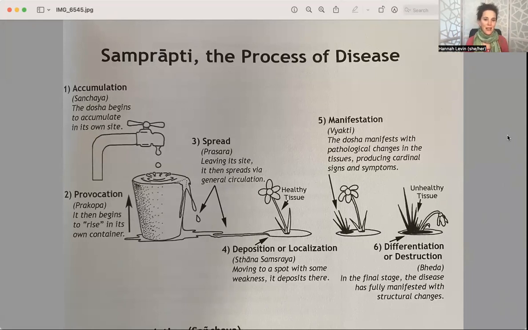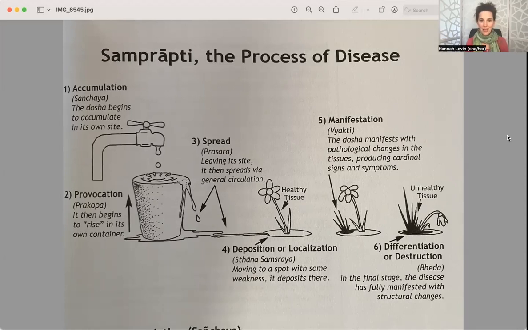I will say that understanding dosha is really helpful, looking at the qualities of each dosha. Vata is air and space, with dry, light, cold, mobile, subtle, rough being the qualities.